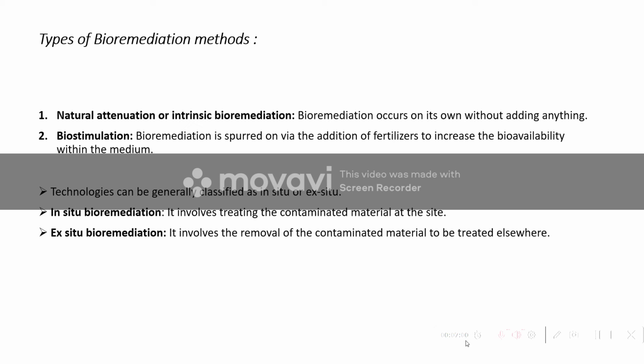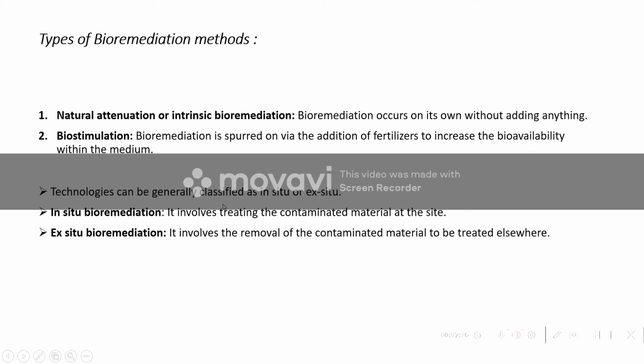Types of bioremediation methods are: first, natural attenuation or intrinsic bioremediation. Bioremediation occurs on its own without adding anything. Second, biostimulation. Bioremediation is spurred on via the addition of fertilizers to increase the bioavailability within the medium.